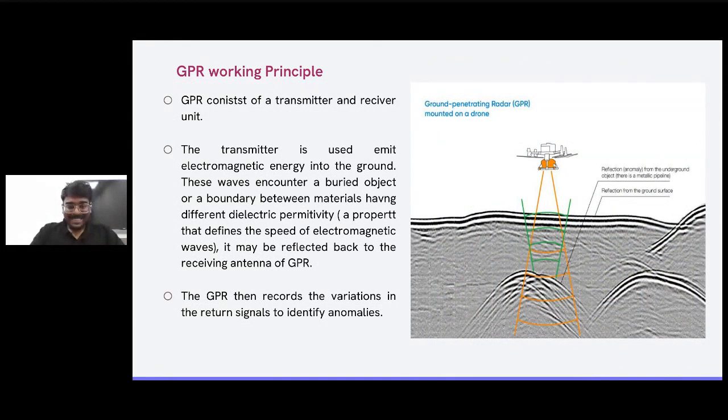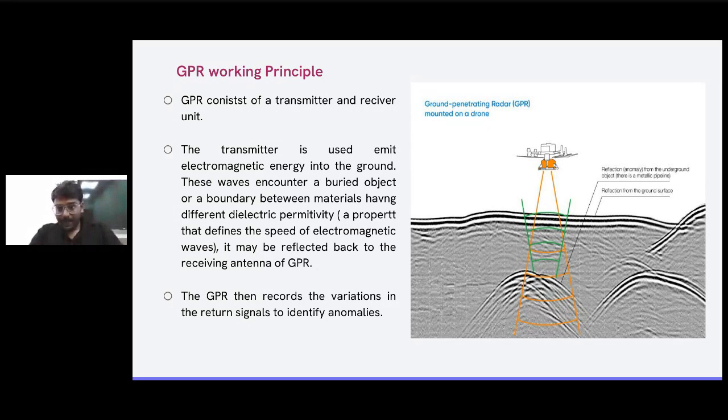When these signals hit and get reflected back from different surfaces, the reflected signals have different physical properties. These reflected signals are then collected by the receiver and analyzed to understand the anomalies beneath the surface. That is the simple explanation of how a GPR works.